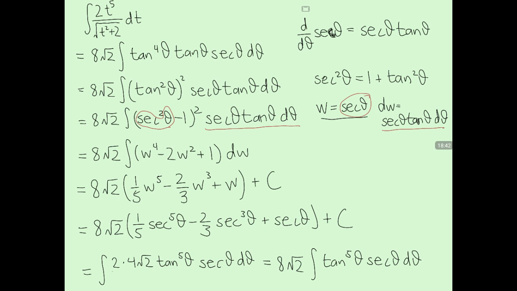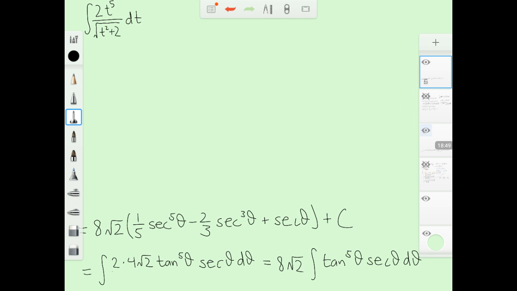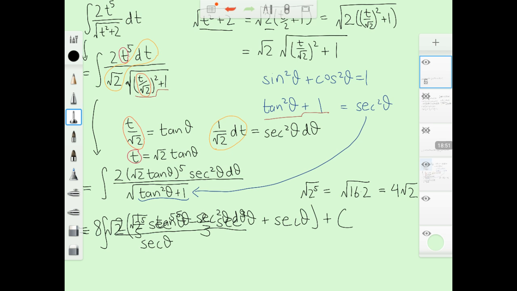And now let's try to remember what secant theta was. So if we go back to our original page over here, we defined our variable theta in terms of tan theta. So we know that tan theta is t over root 2.